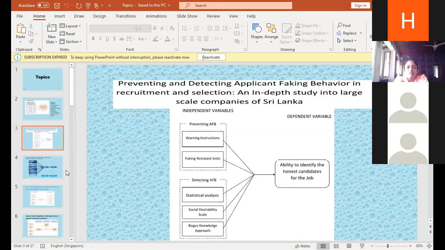When candidates come for interviews, they can say I can do this, I can do that, but when you actually get them to work they are not so smart, right? So do they have good mechanisms to identify and of course prevent the faking behavior of the applicants in the recruitment and selection?